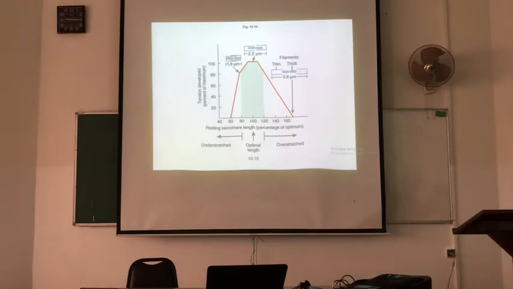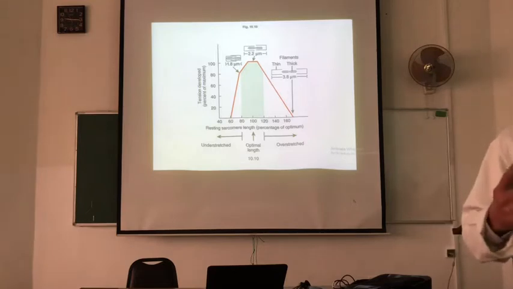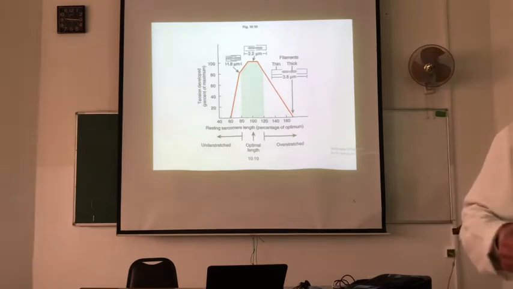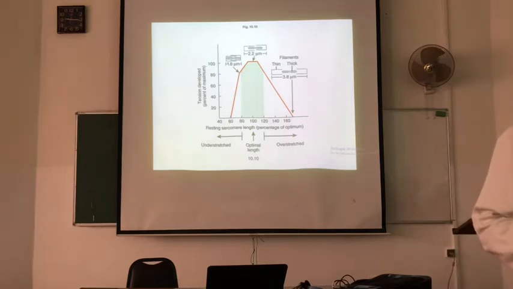Actually, we have two types of contraction. One of these types is called isometric contraction. What do we mean by isometric? No change in length. But what are we changing in this case? If we have no change in length and we have interaction between thick and thin filaments, we have a change in tension in that muscle.